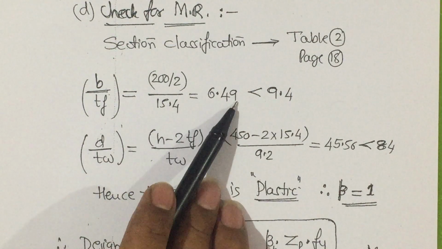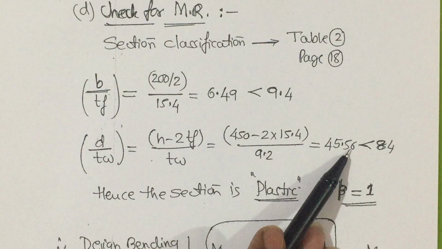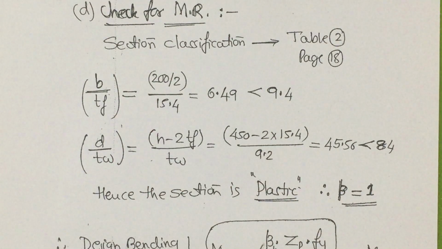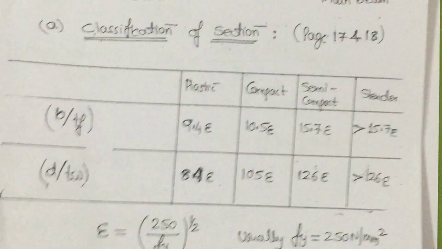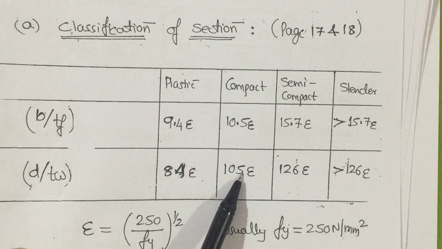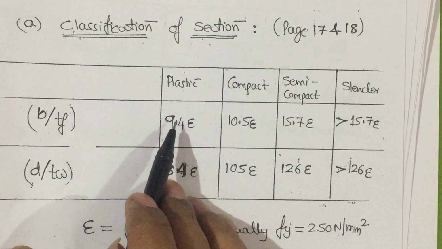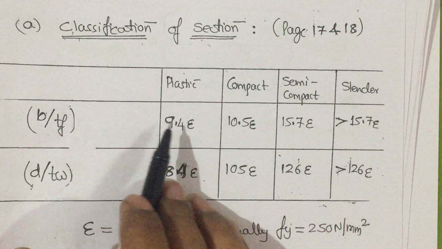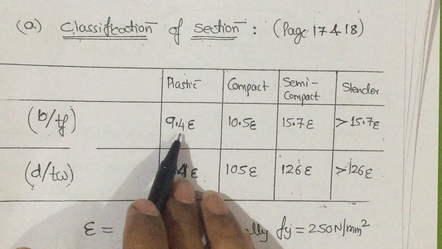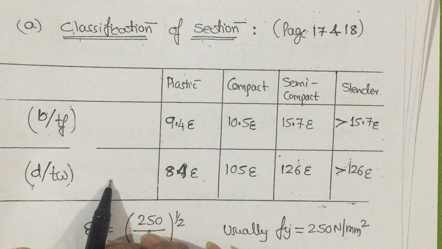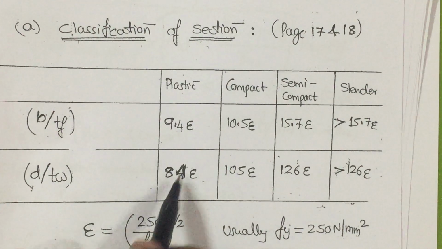Substitute the values, you are going to get 6.49 and 45.56, and compare with the section classification, that is plastic, compact, semi-compact and slender, in this table. Compare from the starting values. Here the b by Tf calculated is less than 9.4 and d by Tw is less than 84.